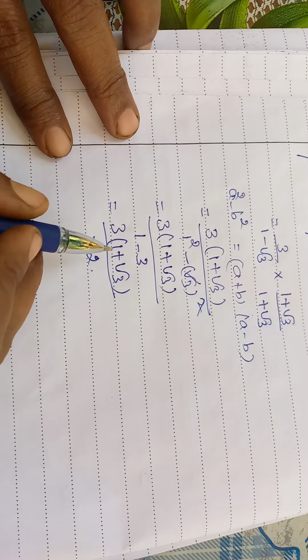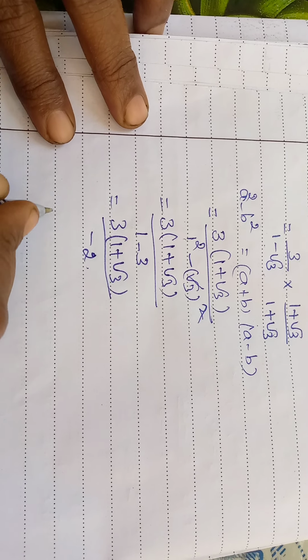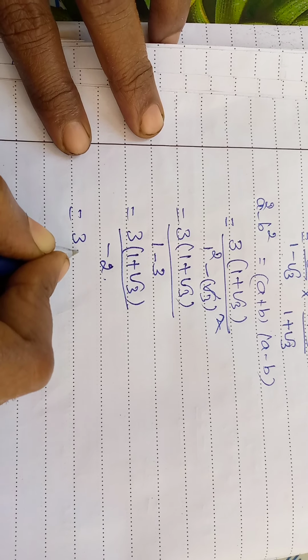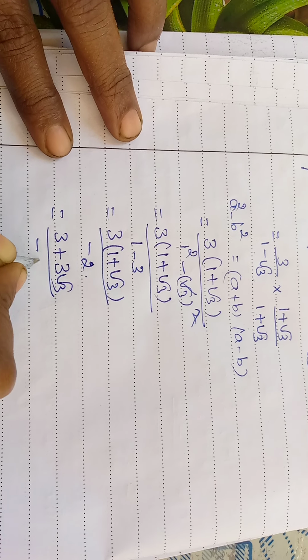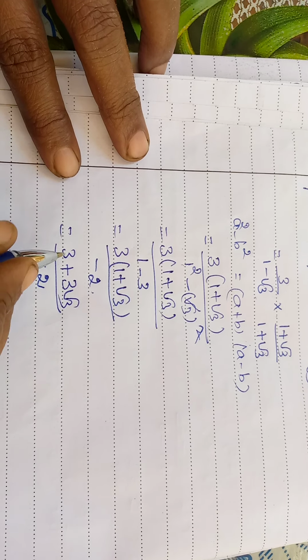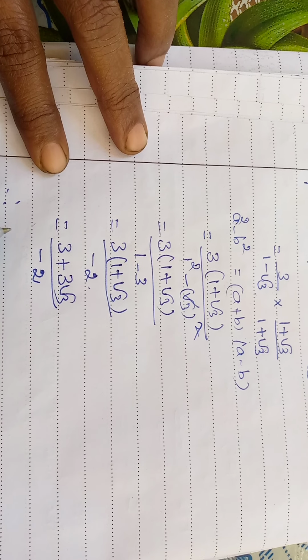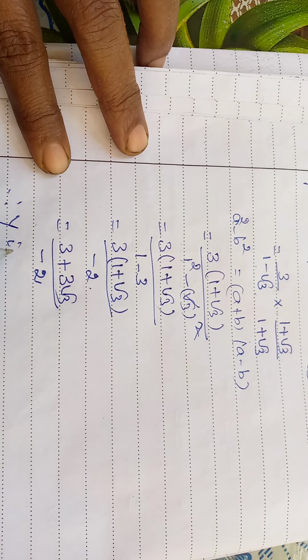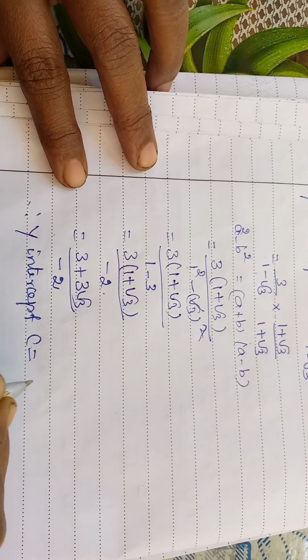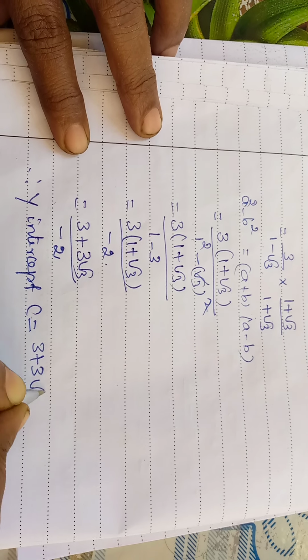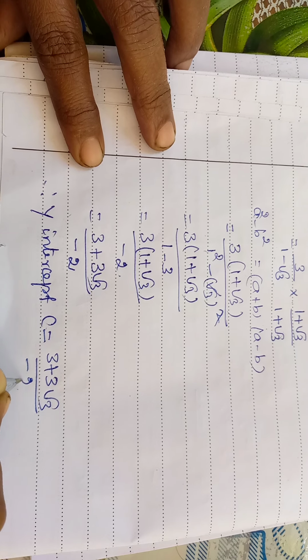Okay, now let's multiply the 3 with this numerator. So we get 3 into 1 is 3 plus 3 into root 3, by minus 2. Therefore the y-intercept c is equal to 3 plus 3 root 3 by minus 2. Understood, students?